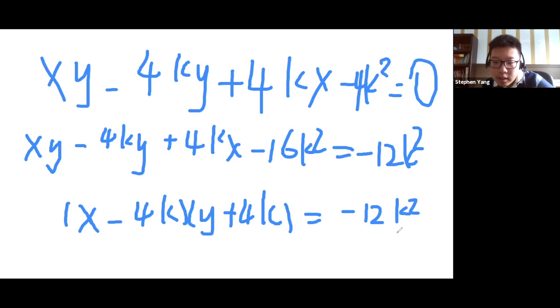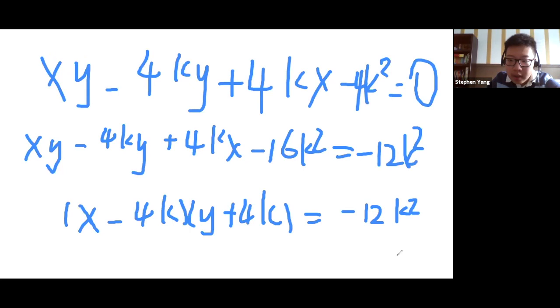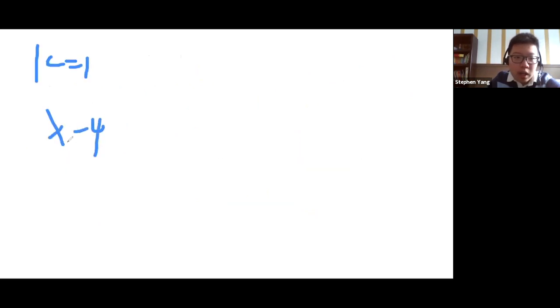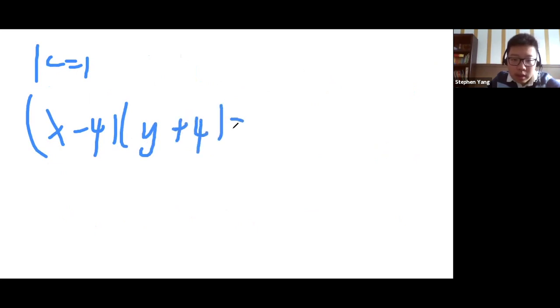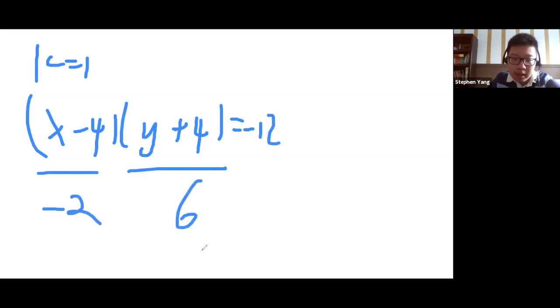Okay, so now what I did is plug in some numbers. When K is equal to 1, this means X minus 4 times Y plus 4 is equal to negative 12. Now, this term could be negative, however, this term cannot. So let this be negative 2, and this be positive 6. So it'll be 2 and 2.